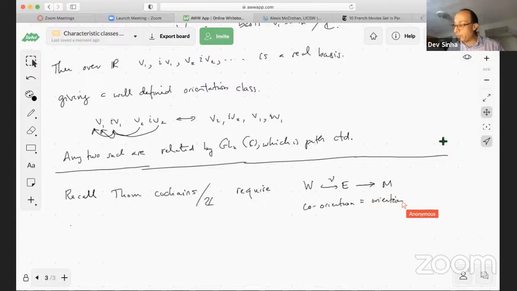Well, it's a choice of such map. It's a factorization plus an orientation of this normal bundle. And so we're going to use Thom cochains once again to define now what are called Chern classes.